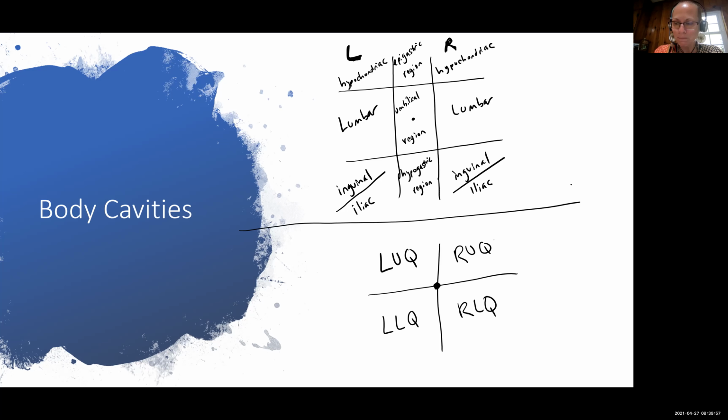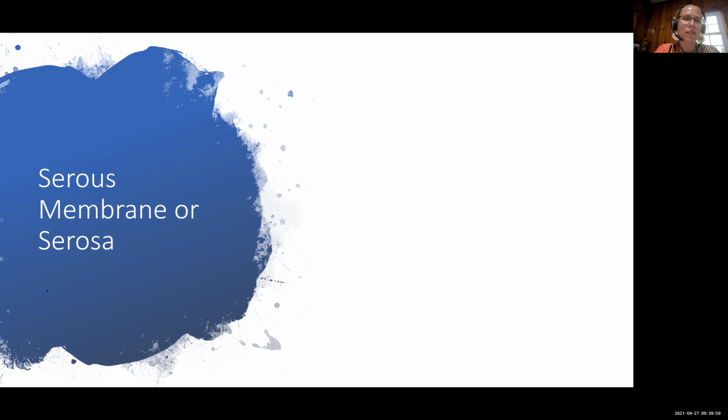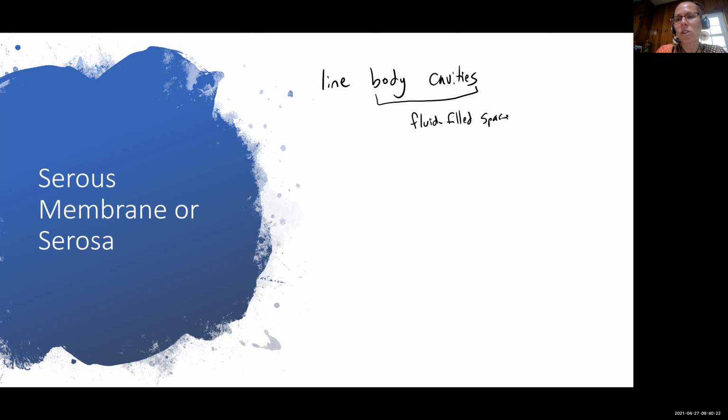These are things that humans are doing just to make it easier to talk about these organs and where they're located, right? Okay. To sort of finish up our conversation, we have what's called the serous membrane or the serosa. And this is going to actually line your body cavities. Now, those body cavities that we're talking about are fluid-filled spaces. Okay, this is super important.